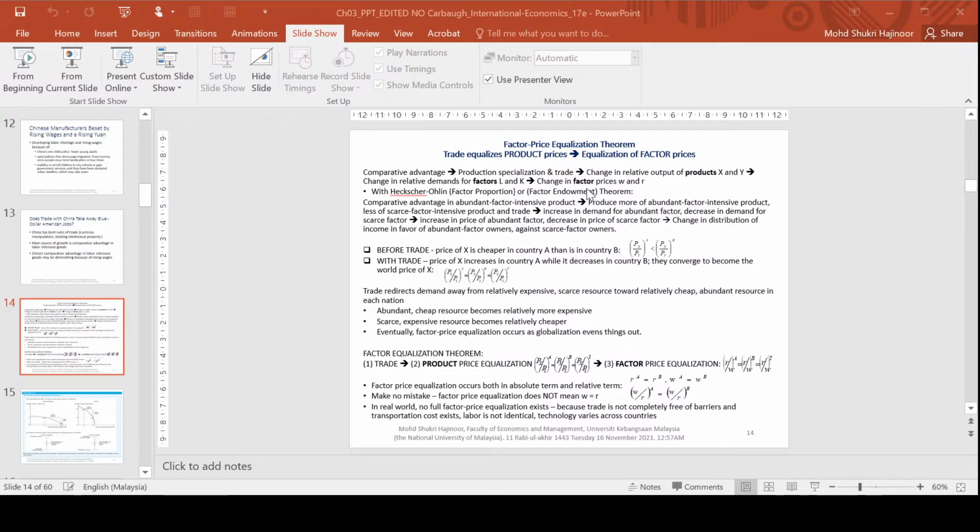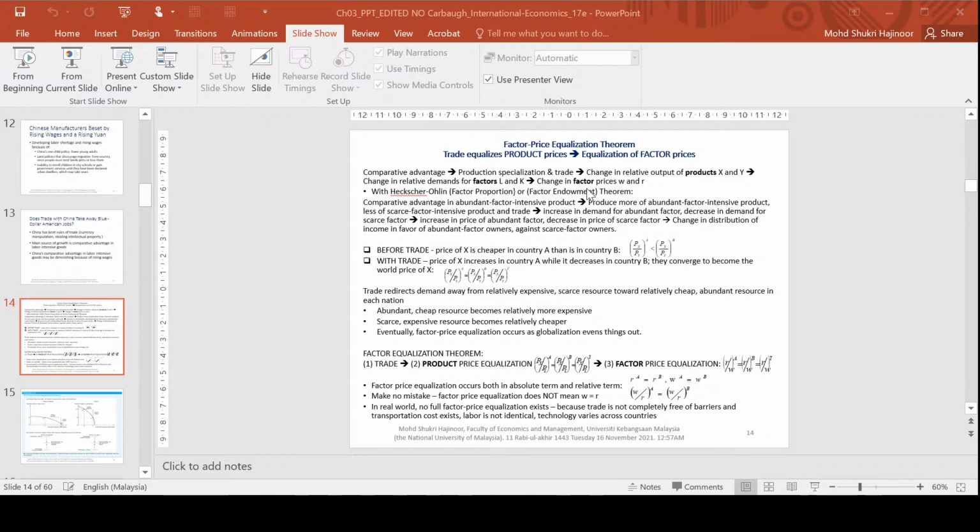On the other hand, in the case of the United States, capital is specific to aircraft, whereas labor is not specific to any.